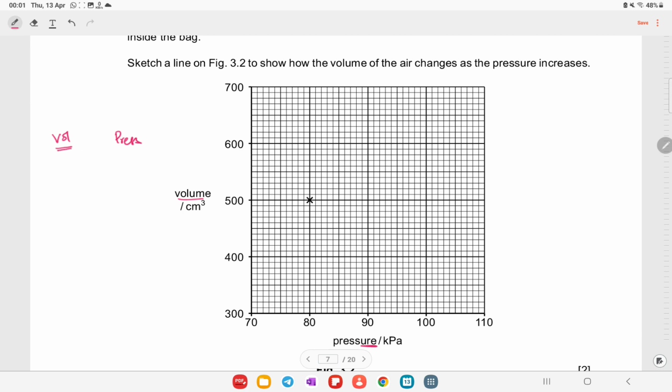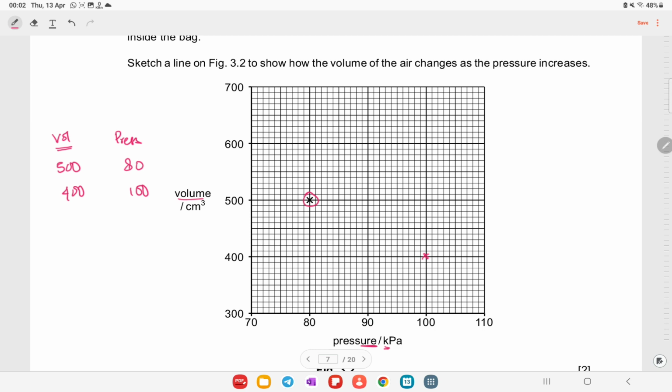In the previous question, when the volume was 500 centimeter cube, the pressure was 80 kilopascal, and when the volume was 400 centimeter cube, the pressure was 100 kilopascal. So we have to draw the points: 500 and 80 is already done, and then 400 and 100.